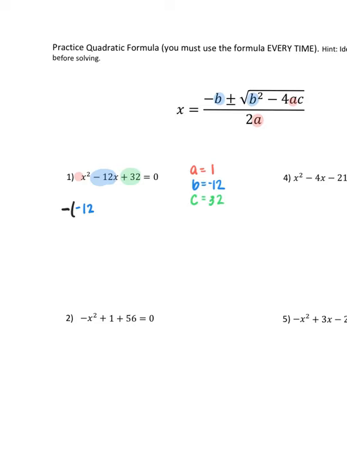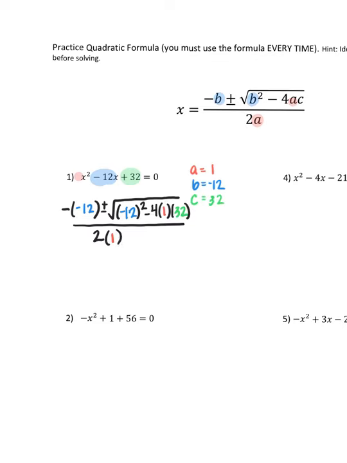So negative (negative 12) plus or minus the square root of negative 12 squared minus 4 times A, which is 1, times C, which is 32, all over 2 times A, which is 1.